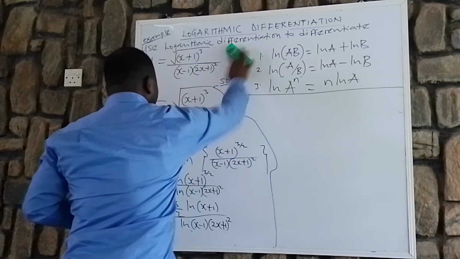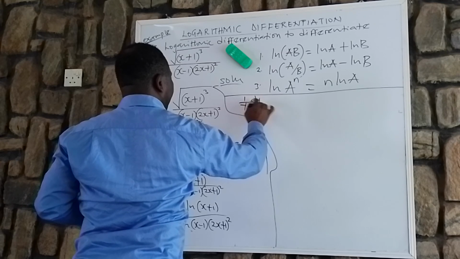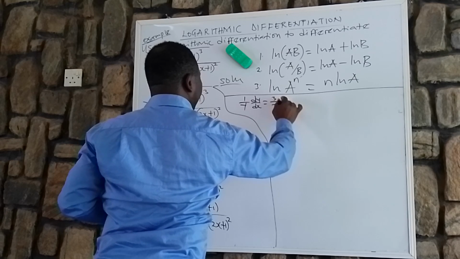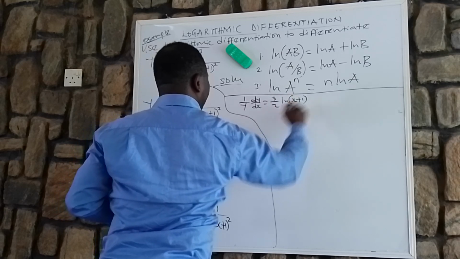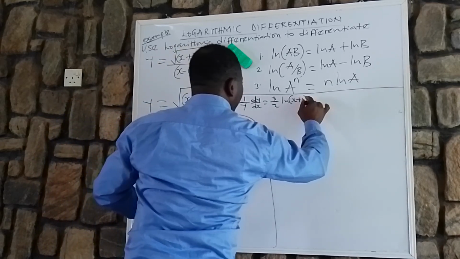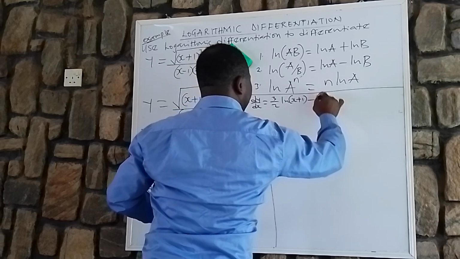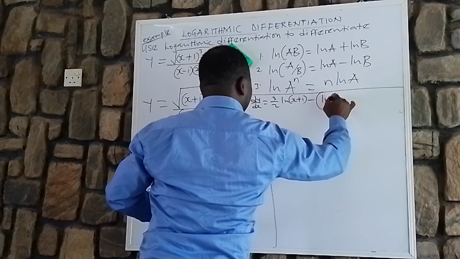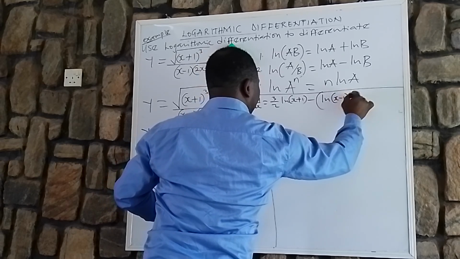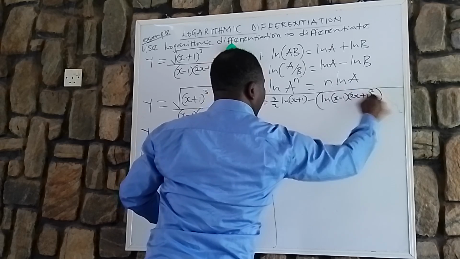So now our 1 over y dy over dx is going to give us 3 over 2 ln (x + 1), true or false? Then, because of this, we are going to put minus, make sure you put the bracket in, all in bracket, ln (x - 1)(2x + 1) raised to the power of 2, you close the bracket.